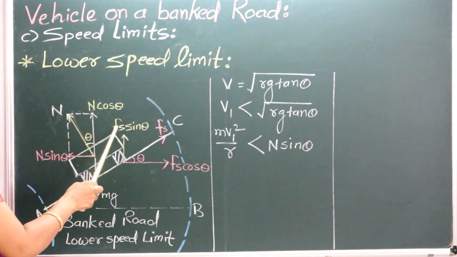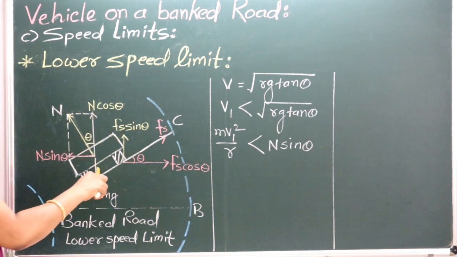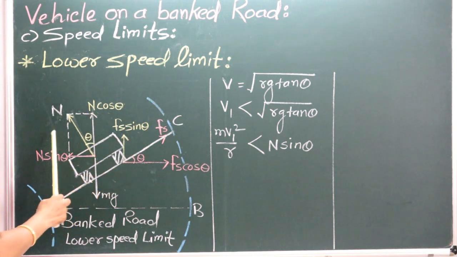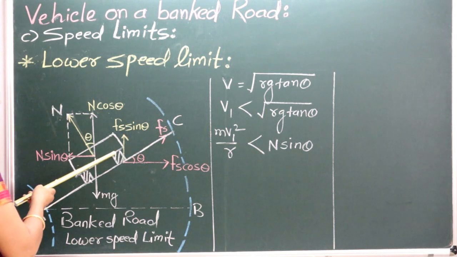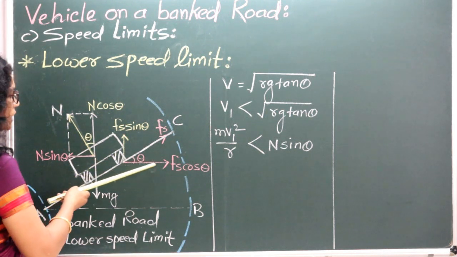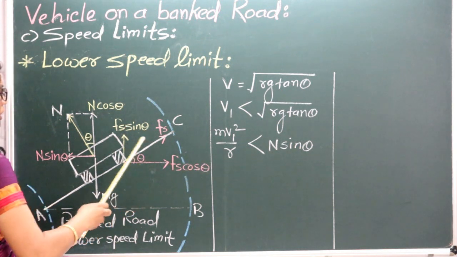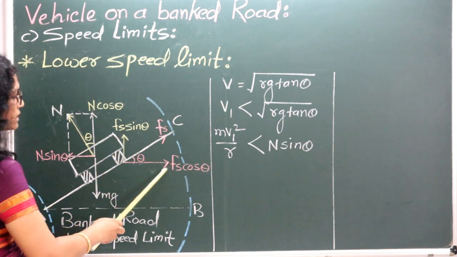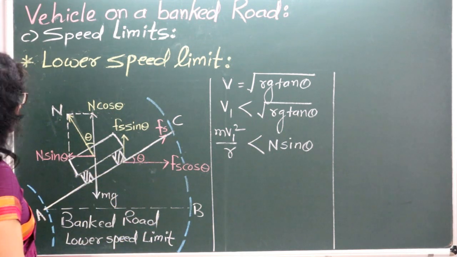Therefore n cos theta plus Fs sin theta equals mg, and this n sin theta balances the centrifugal force, that is mv1 square upon r, plus the component parallel to the centrifugal force, Fs cos theta. That is, mv1 square upon r plus Fs cos theta equals n sin theta.